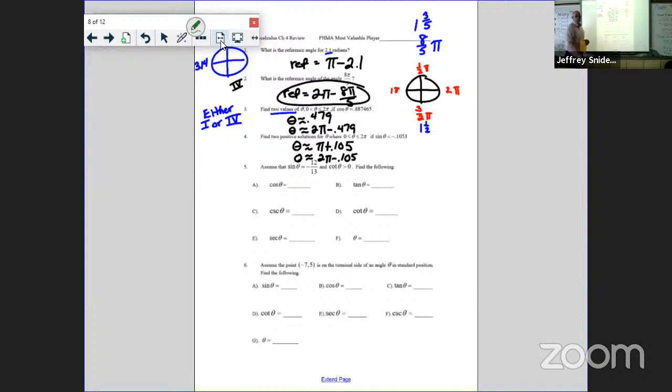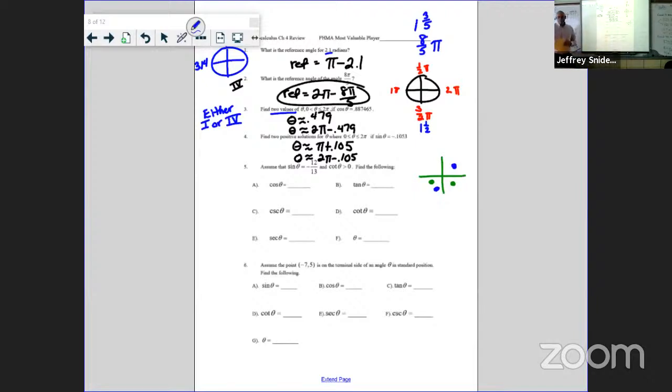The sine is what kind of a number? Negative. Where is the sine positive? Here and here. So I know it's either quadrant 3 or quadrant 4. Then I look at this one and it says the cotangent is positive. Cotangent is positive, so is the tangent. Where is the tangent positive? Quadrant 1 and quadrant 3.